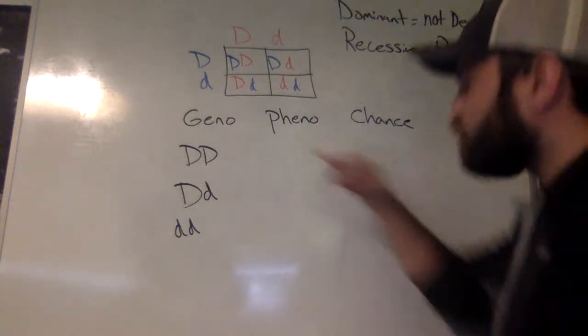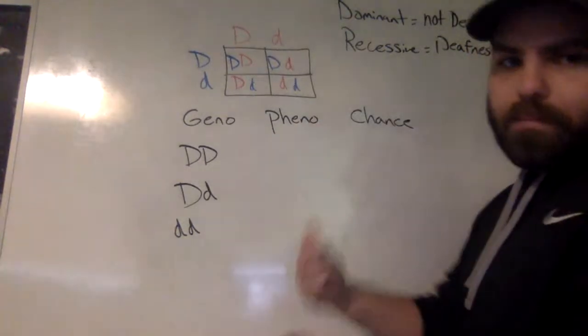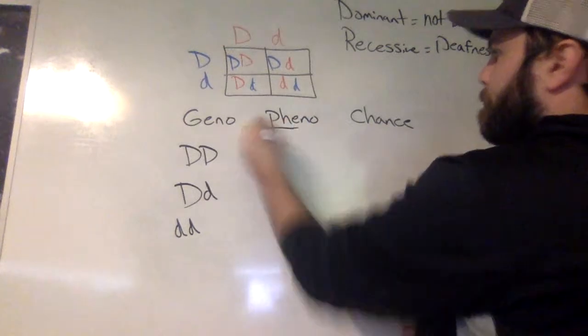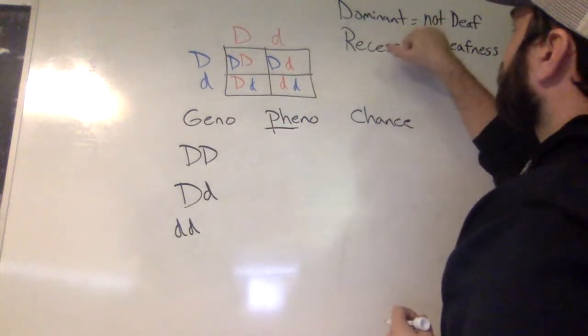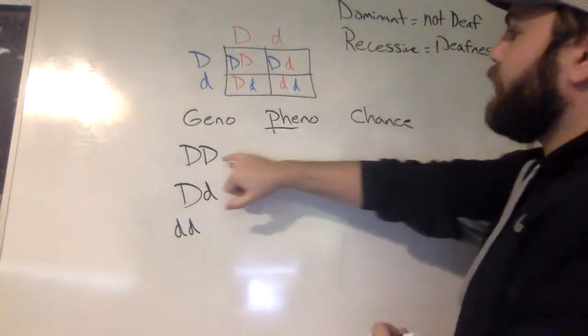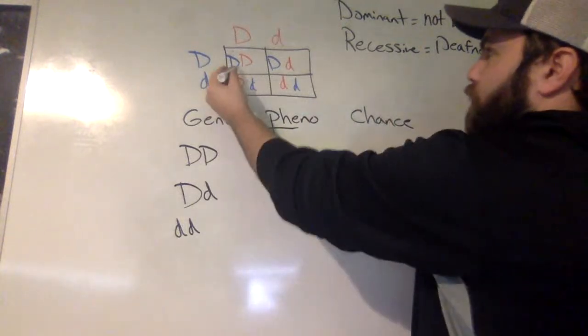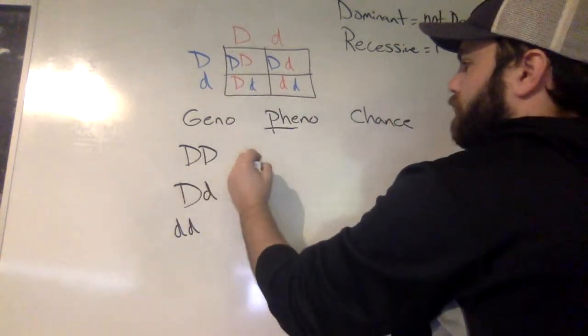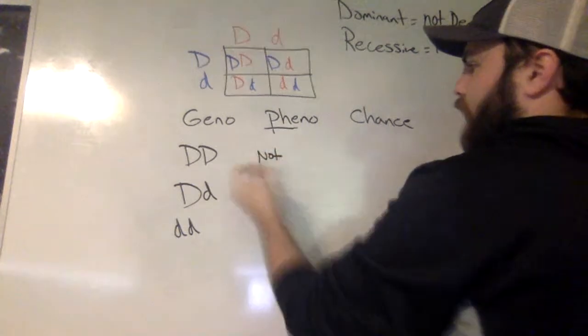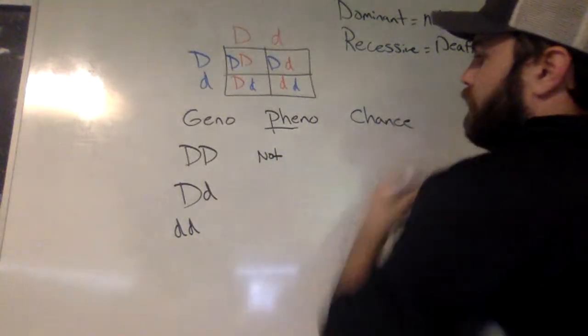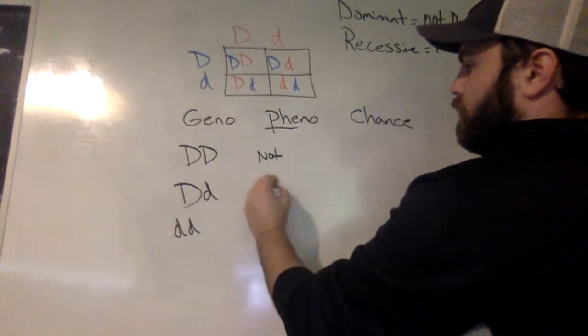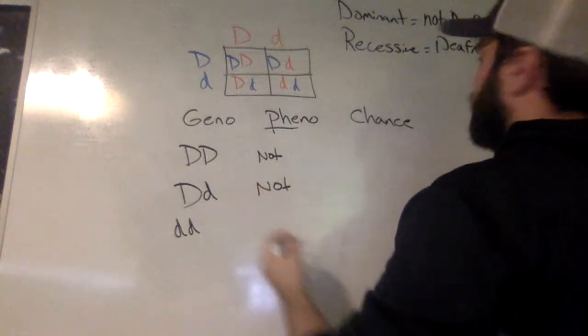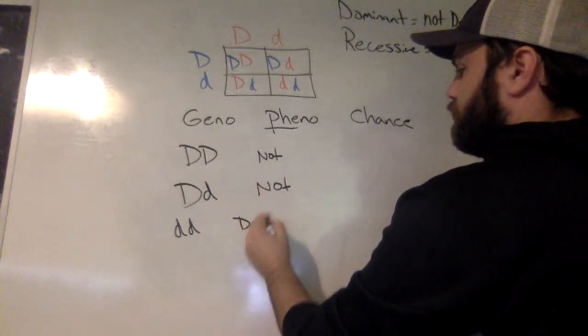So now let's look at the phenotype. Phenotype, physical, right? So dominant, it's going to be not deaf. So for that first box, not deaf. Again, we have a capital, not deaf. And then we have 2 lowercases, so that's going to be deafness.